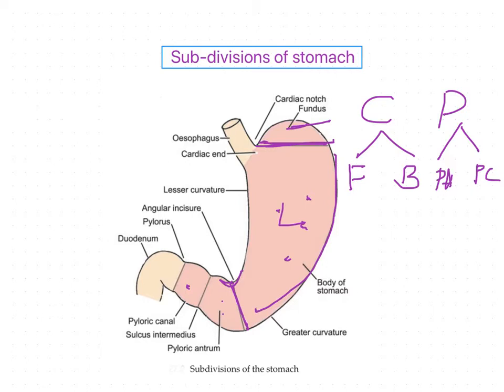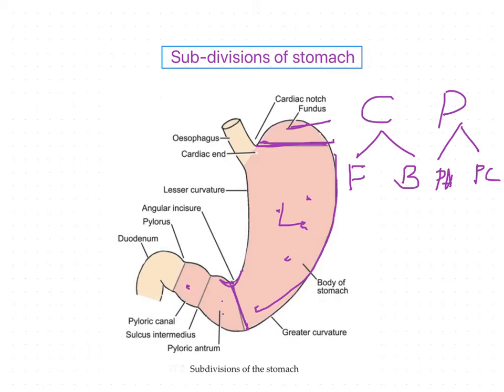Normally this part of the body consists of gastric glands, which are also distributed in the fundus and the body of the stomach, and mainly consist of three types of secretory cells: the mucus cells, the chief peptic cells, which secrete the digestive enzymes, and the parietal or oxyntic cells, which secrete HCl. So these three types of cells are present in the cardiac part of the stomach.